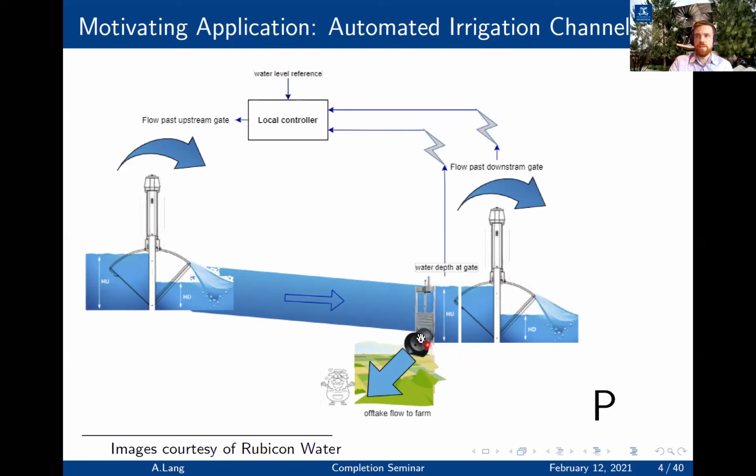So the farmers' outlets here act as the uncontrolled but measured disturbance, and we'll be able to provide some influence over this. And the constraints in this system are limits on how much the gates can open and close, and also limits on how high or low the water levels in each pool can go.